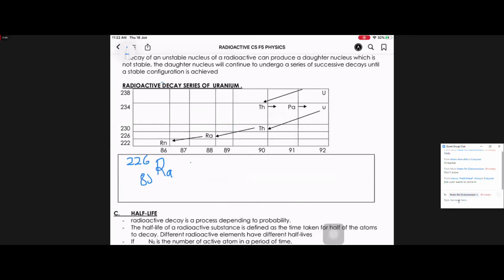The product is radon 222, 86. Sean Wong. What was emitted? Alpha. Thank you. Plus energy. Okay, now one question. Who should I ask? Averil.